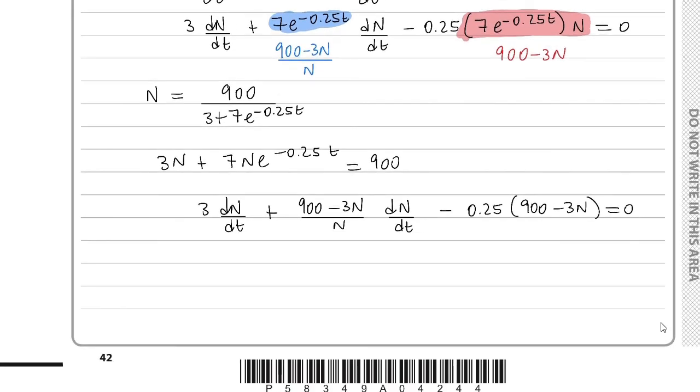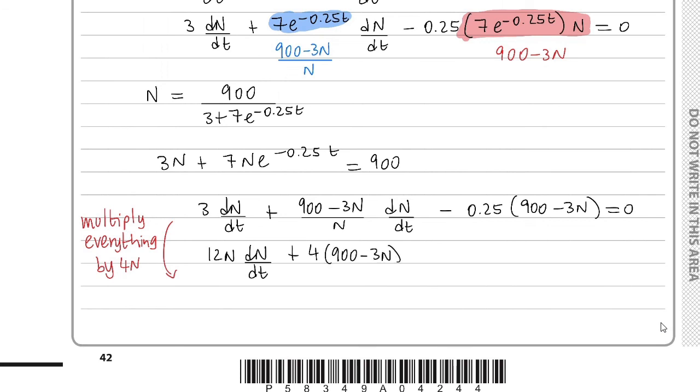I will multiply everything by 4n. So this will make this 1. So this will give me 12n dn/dt plus 4 times (900 minus 3n) dn/dt minus n(900 minus 3n) is 0.